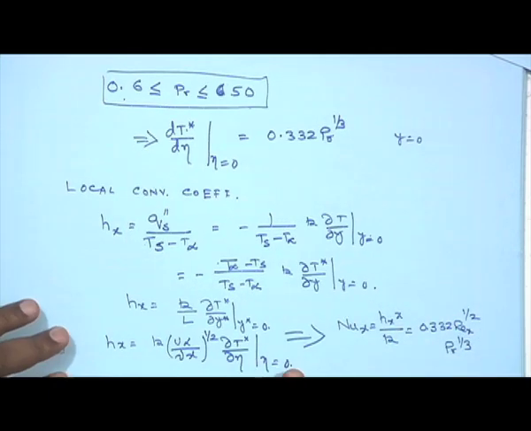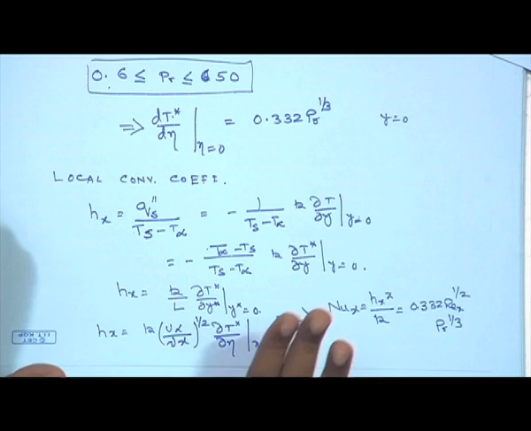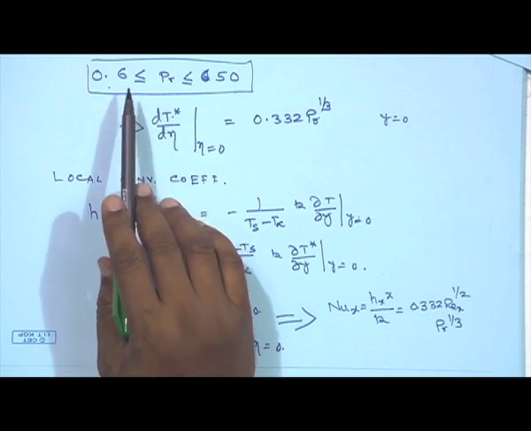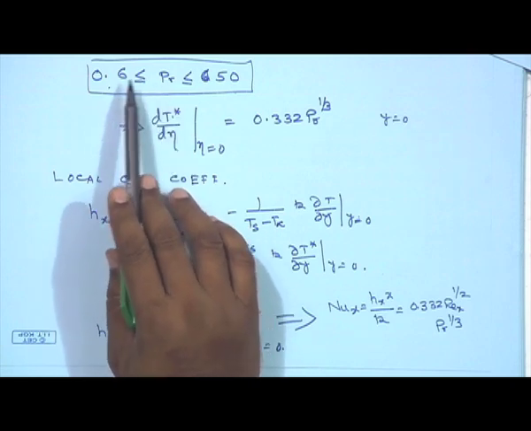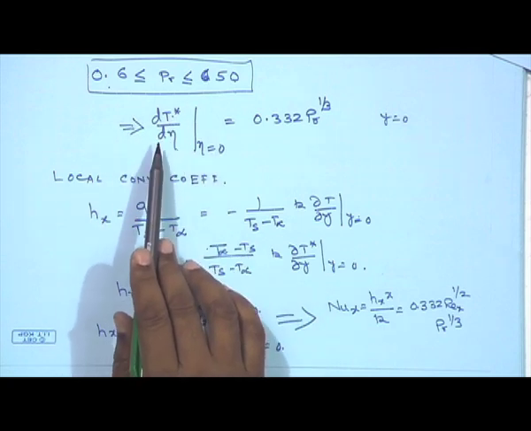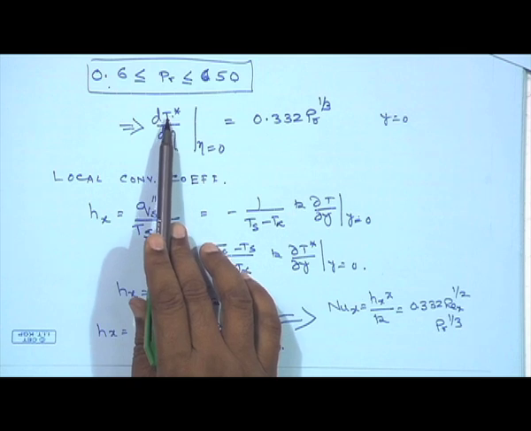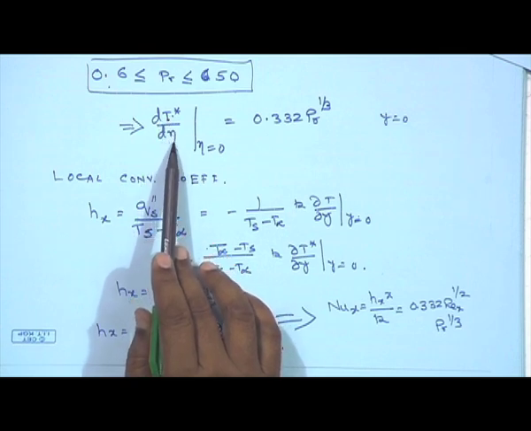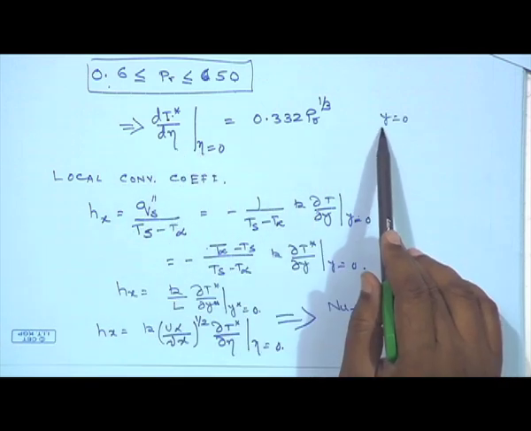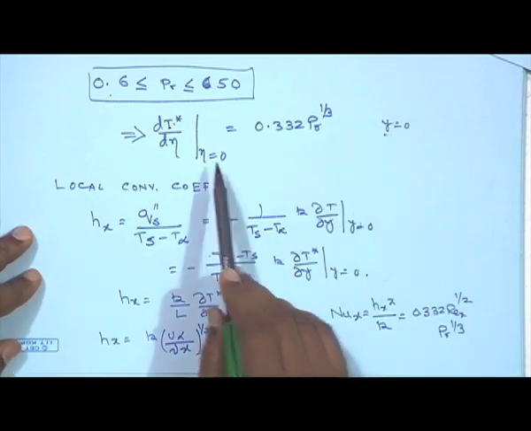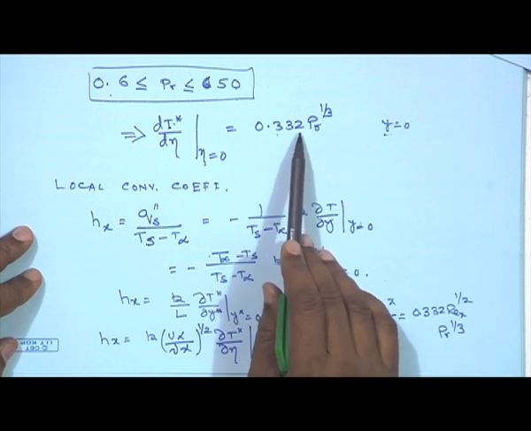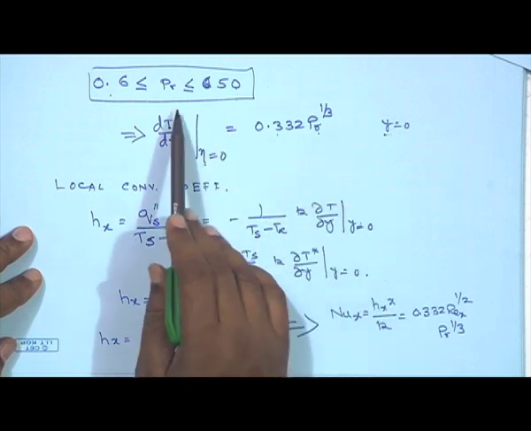So I have written so many things. Let me go slowly over this and try to explain it. For a value of Prandtl number in this range, it has been found from the solution that the dimensionless temperature gradient at eta equals 0, which corresponds to y equals 0, that means on the solid plate, can be expressed as a function of Prandtl number.